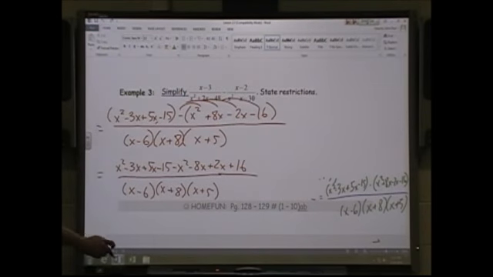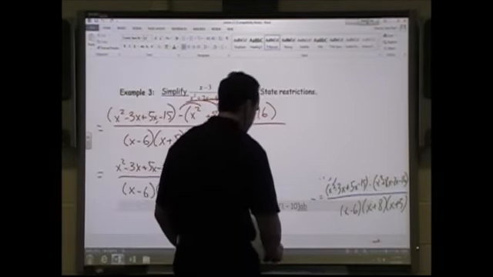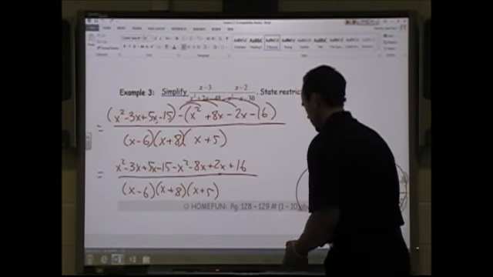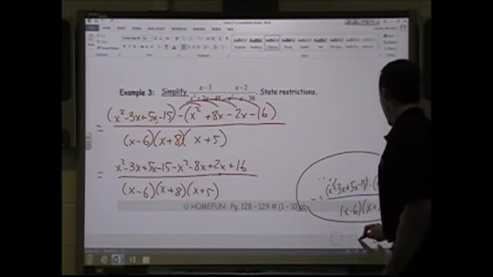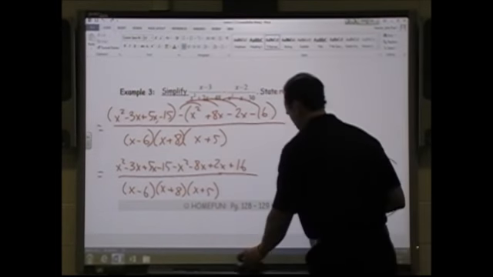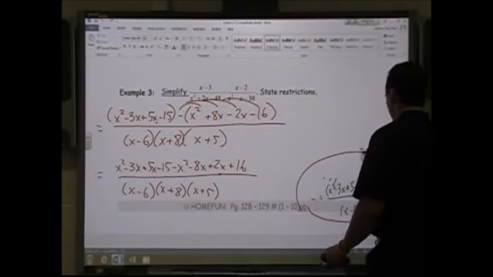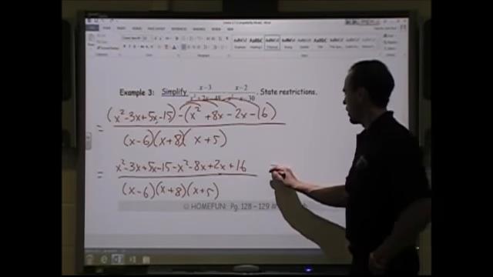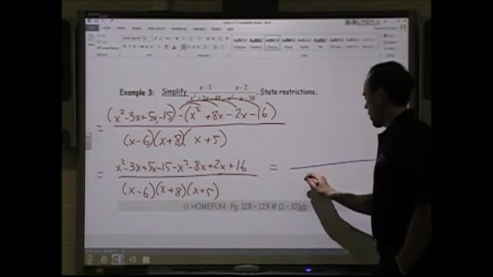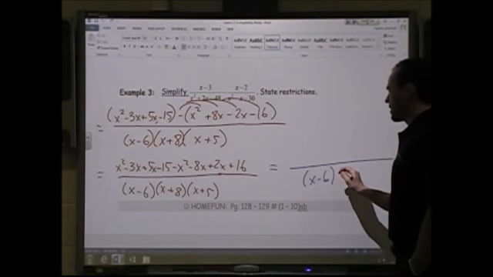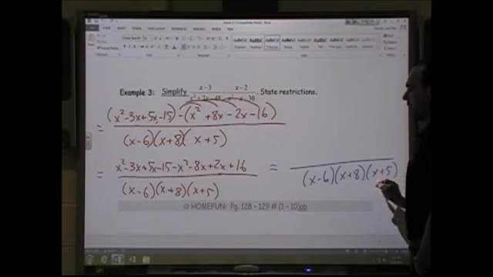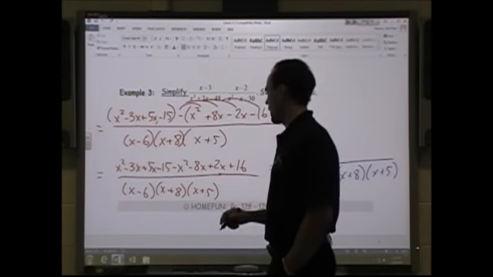And now I can write down my final answer here, and this is all going to be over x minus 6 times x plus 8 times x plus 5. I'm going to add and subtract all the like terms.